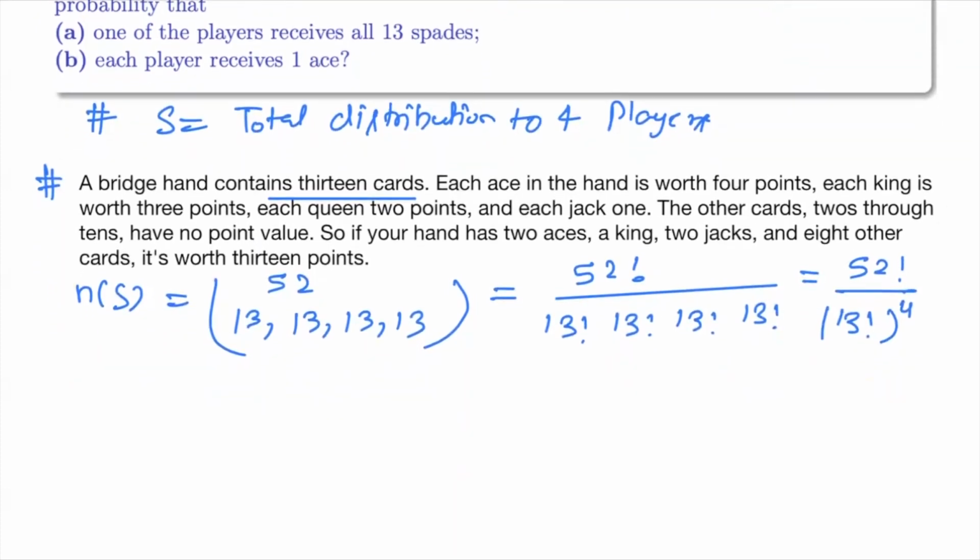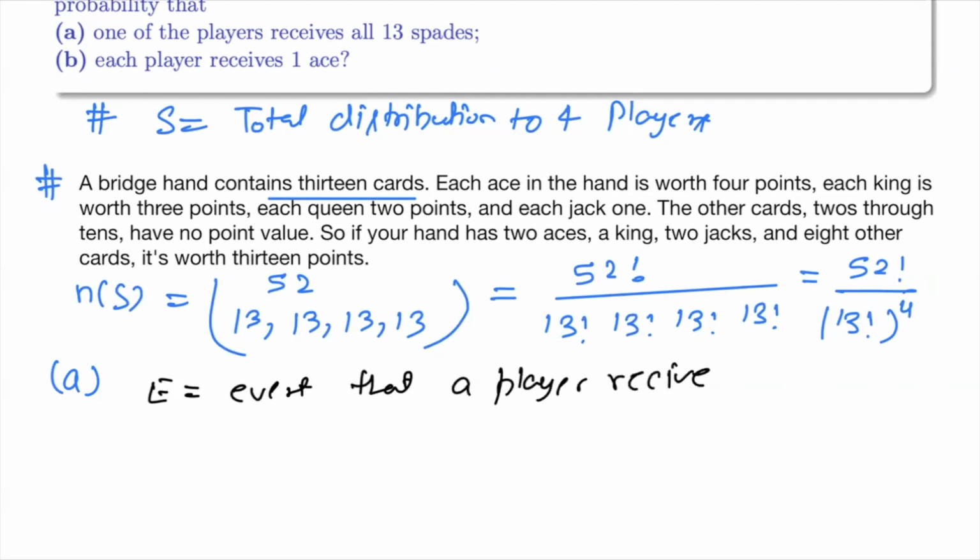Now, let us discuss part A. One of the players receives all 13. There are 52 cards and one player receives all 13 spades. So out of 4 players, I need to choose one player who has got all 13. Let me write E first here. E is the event that a player receives all 13.